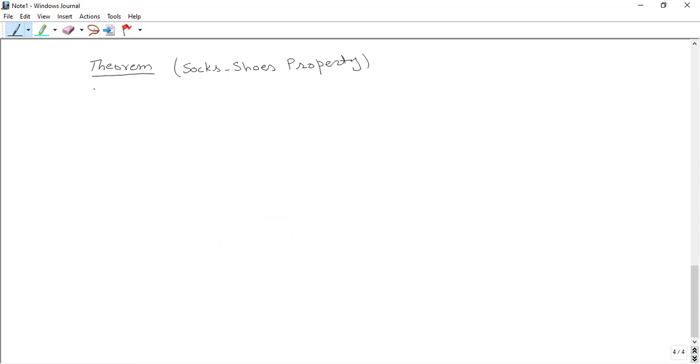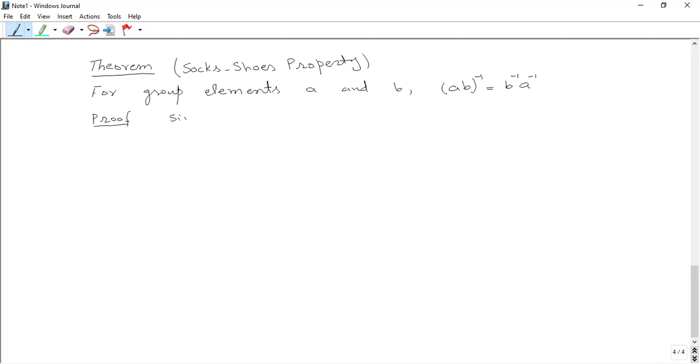And the statement of this property is, for group elements a and b, we have (ab) inverse is equal to b inverse a inverse. And we have a simple proof.